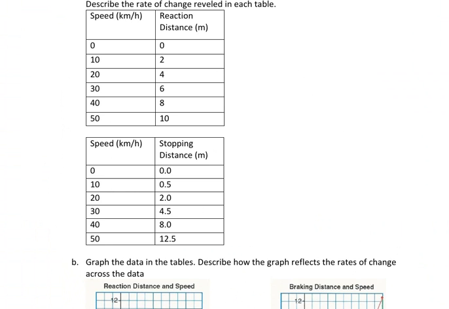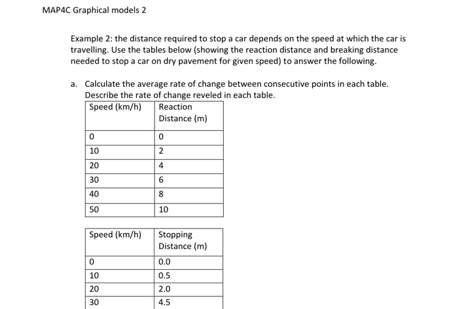The distance required to stop a car depends on the speed at which the car is traveling. Use the tables below showing the reaction distance and braking distance needed to stop a car on dry pavement for a given speed to answer the following. The question is asking you to calculate the average rate of change between consecutive points in each table. Describe the rate of change revealed in each table.